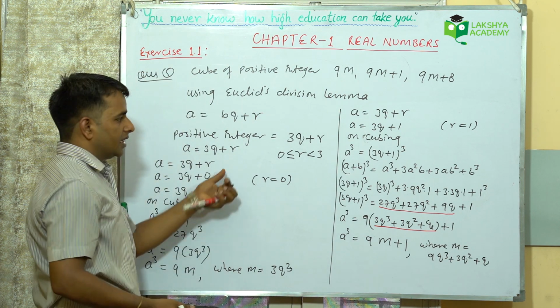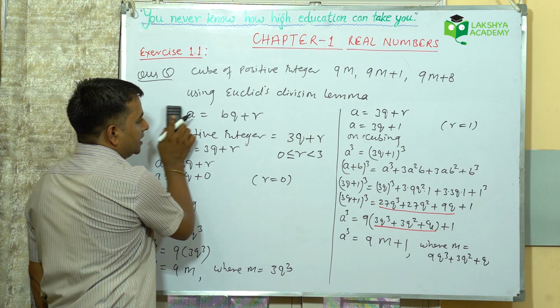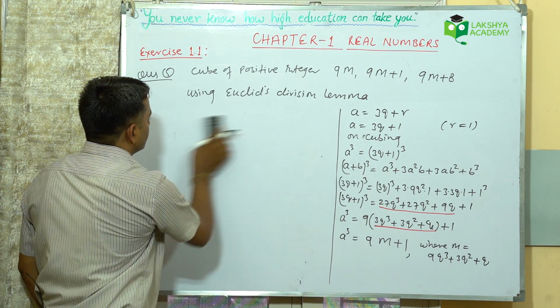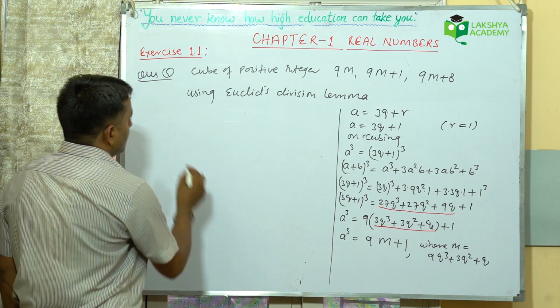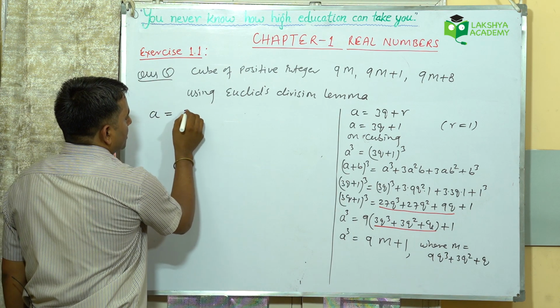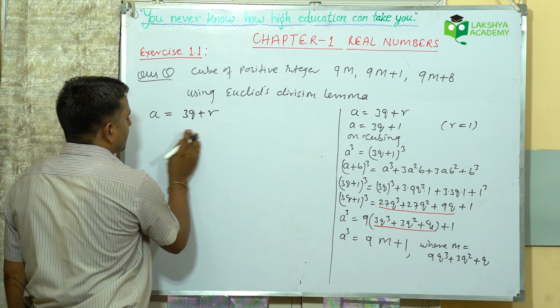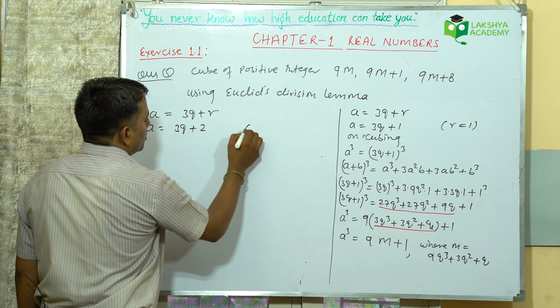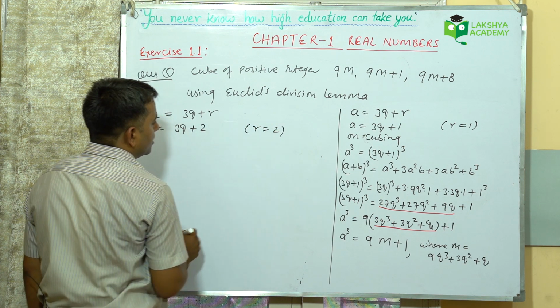Okay. So we will clear this portion to find the third expression. Now take again a equals 3q plus r, a equals 3q plus 2, where r equals 2.